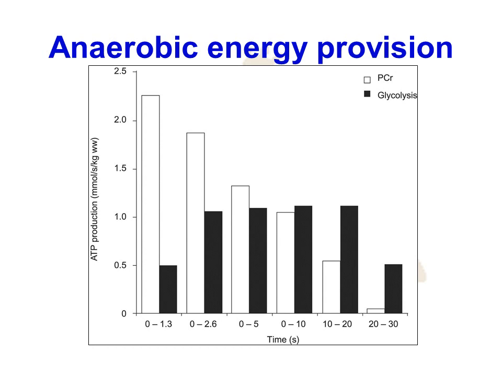If we go down to say 30 seconds though, look, can you see that at 30 seconds it's 0.5 from glycolysis and about, let's call that 0.1 from PCR. So in other words, less ATP being produced anaerobically. So even if we go to our mid-range, 5 seconds, we've got just about 1 millimole coming from our glycolysis, and we've got just about, let's call that 1.7 coming from PCR.